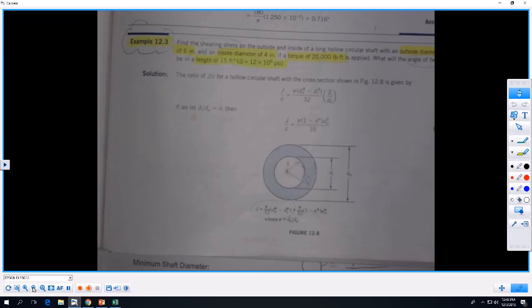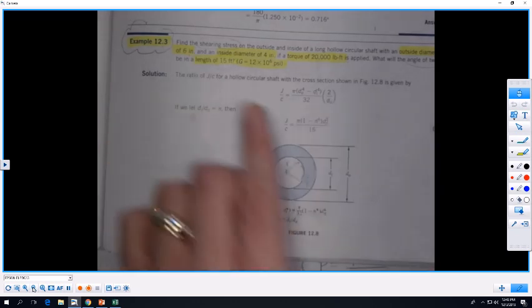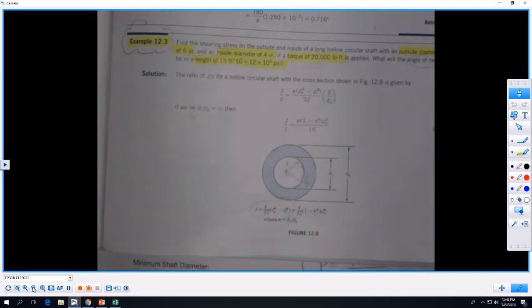So that is what I'm going to list as given or input variables when we look at it on the spreadsheet. So OD, 6 inches, ID, 4 inches, capital T torque is 20,000 pound-feet, and my G is equal to 12 times 10 to the 6th PSI.